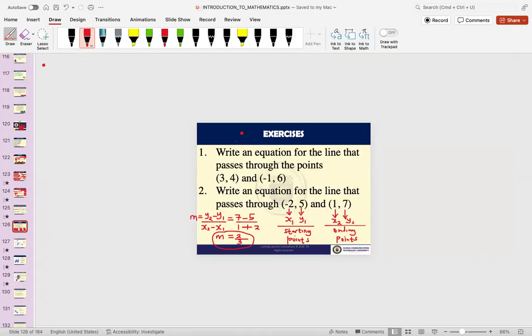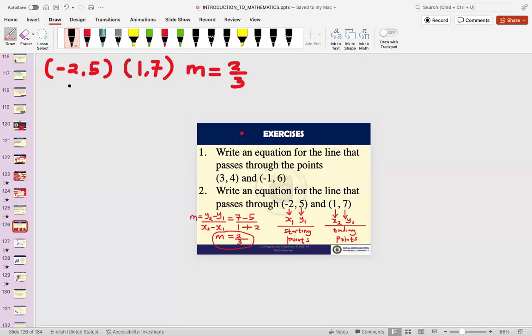So it means for our 2 points, we have -2 and 5. The second point, we have 1 and 7. The m we found, we had 2 divided by 3.